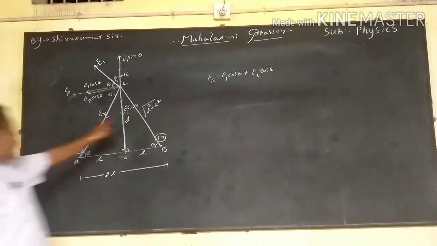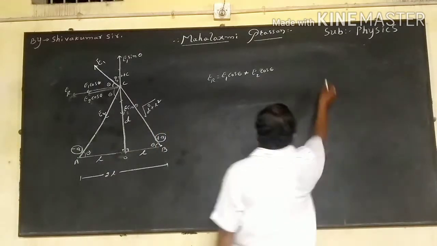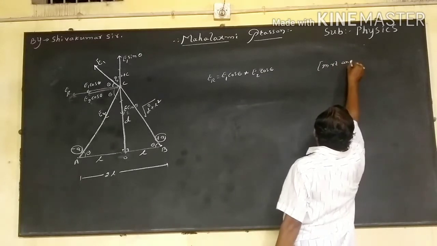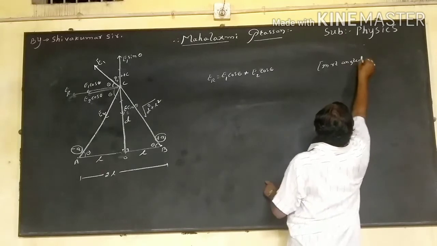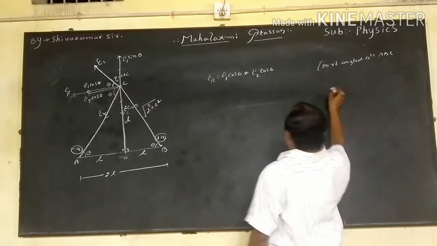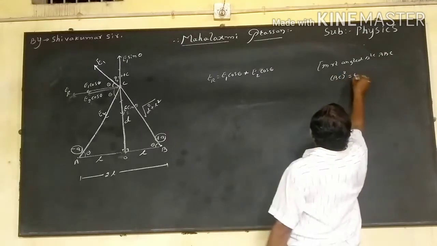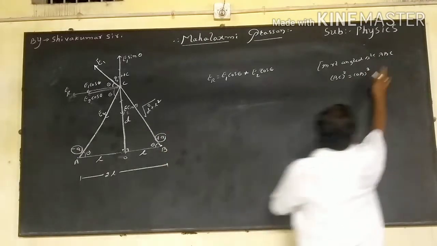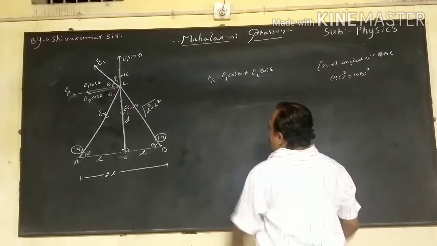So how does this expression come, the under root of d square plus l square? In the right angled triangle OBC, BC square equals OB square plus OC square.